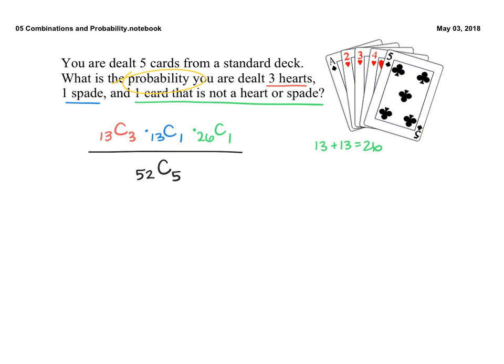Now, as I put these in my calculator, I'm going to do them separately. So right now, I'm just putting in my calculator 13 choose 3, and I get 286. We know that 13 choose 1 is going to be 13, and 26 choose 1 is going to be 26. And 52 choose 5 will be 2,598,960.